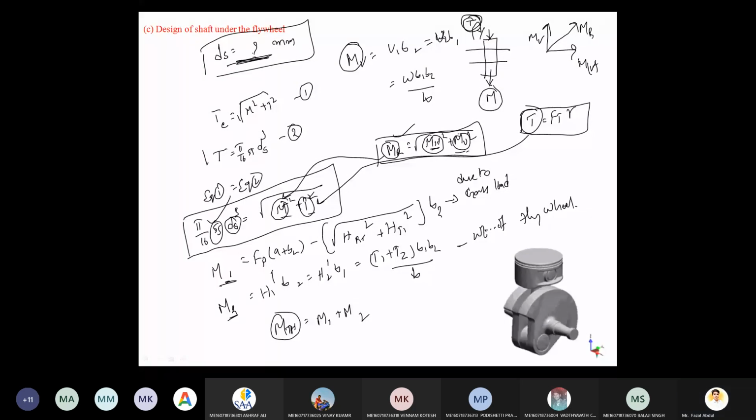So there are two types of crankshafts. One is a side crankshaft. Second one is a center crankshaft. For the side crankshaft, only one, it means this side web is not there. For center crankshaft, there will be two webs.